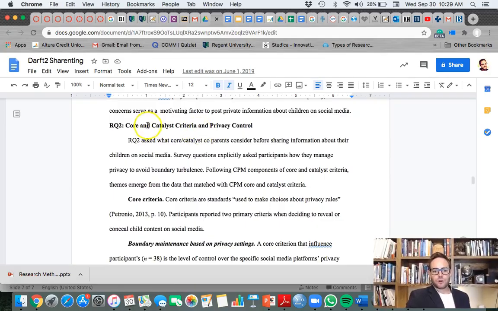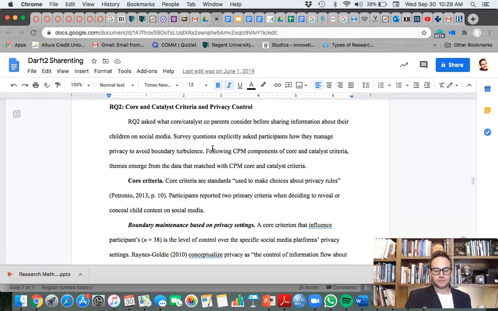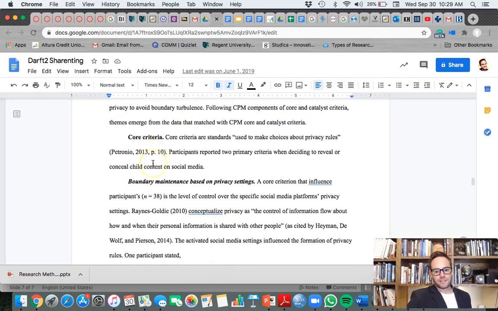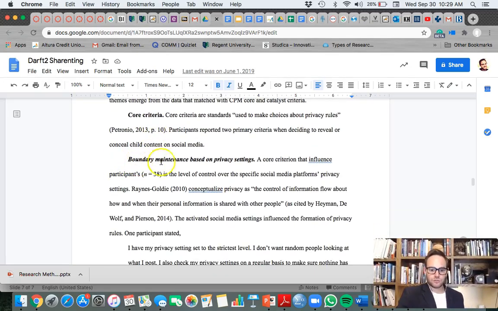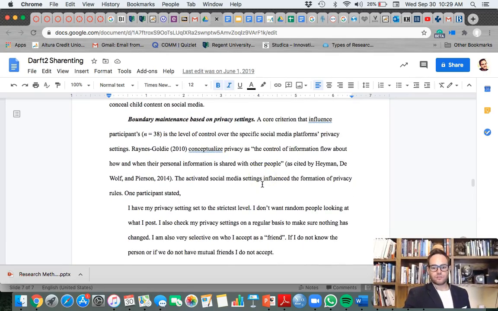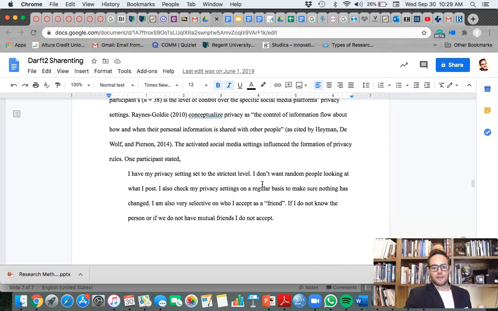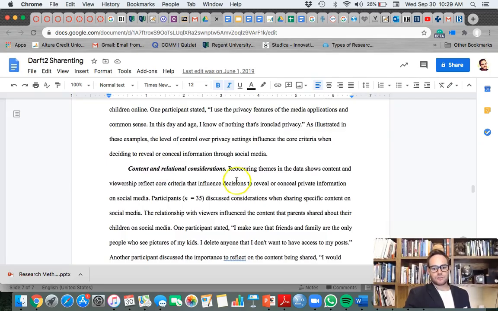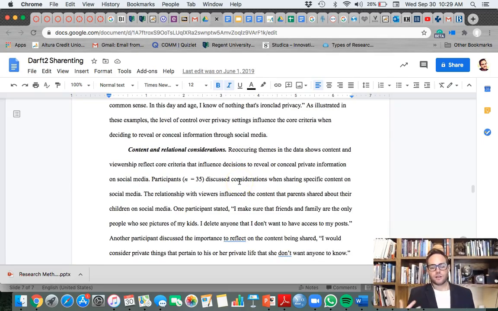What type of core and catalyst criteria do parents consider before disclosing private information of their children on social media? So for core criteria, there was boundary maintenance based on privacy settings. A lot of people tried controlling the privacy settings on their social media platforms. Then content and relational considerations. A lot of people consider what type of content it is. Is it embarrassing?